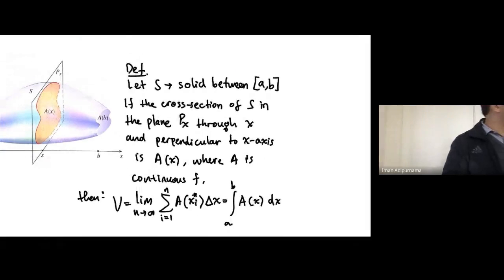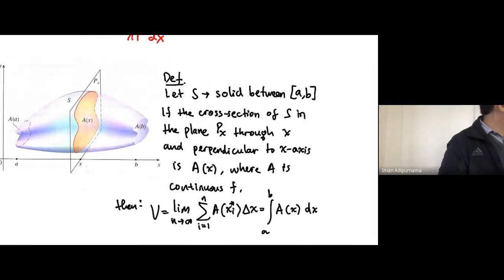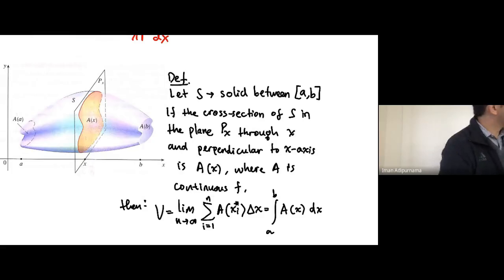Okay, this by definition. So this is basically what I did before. Okay, so we can have a conclusion that to find the volume, we need to find the cross-section area multiplied by the dx from our endpoint.